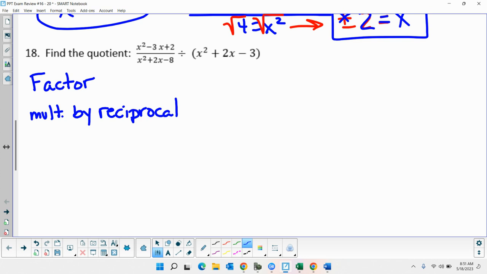Good. I don't like it. Just wrote X. That's all I have to start.